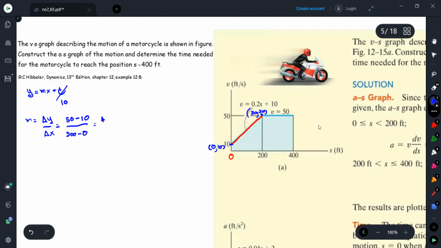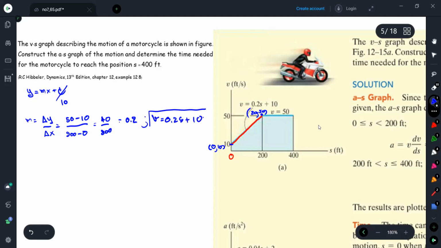That becomes 40 divided by 200, which is 0.2. That's why V becomes 0.2 S plus 10.